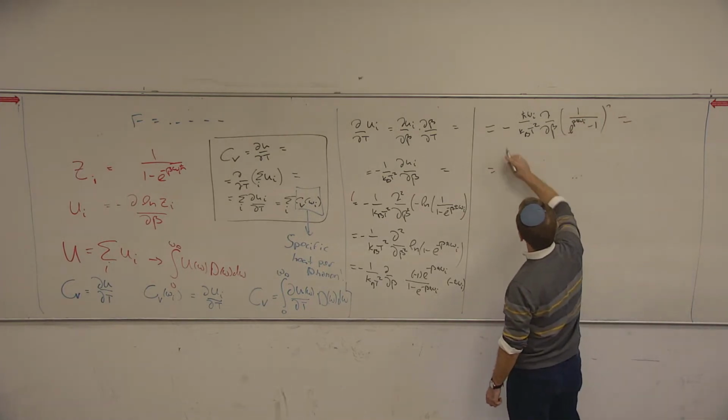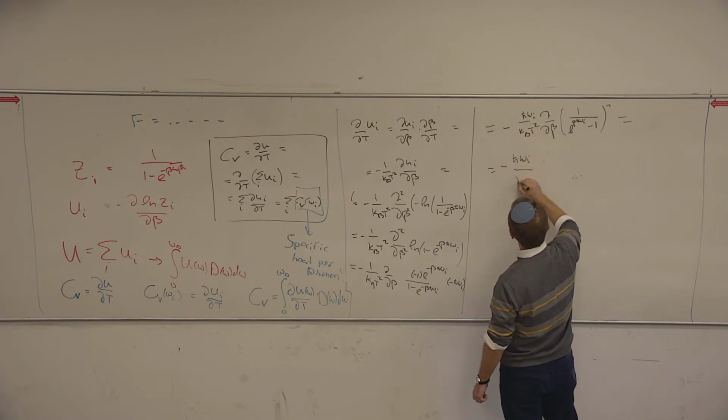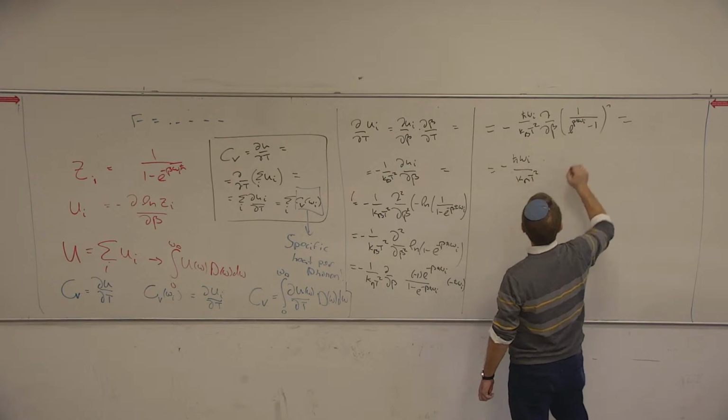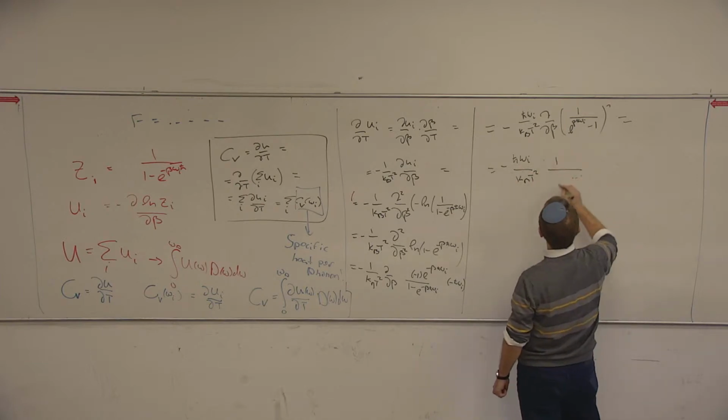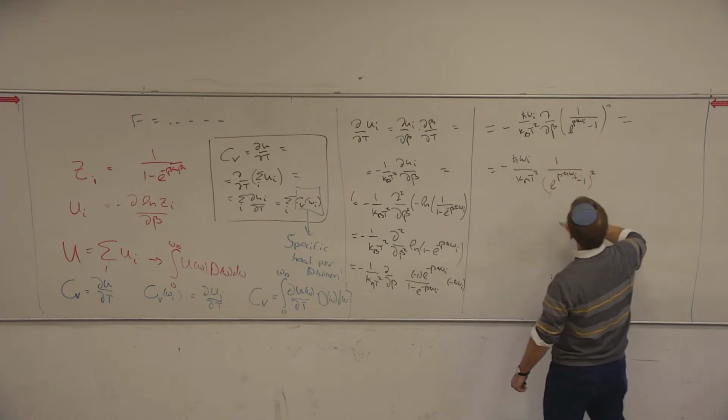It equals, leaving all this prefactor again, h bar omega I by k Boltzmann T squared. This is 1 over e to the power beta h bar omega I minus 1 squared.